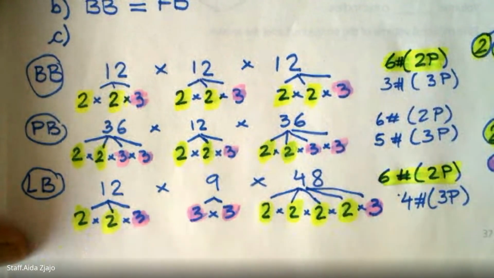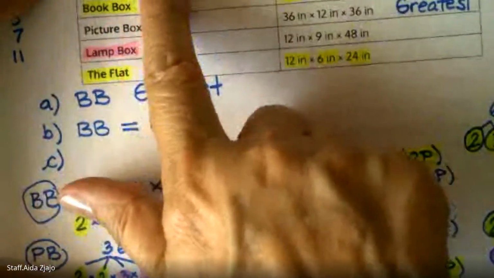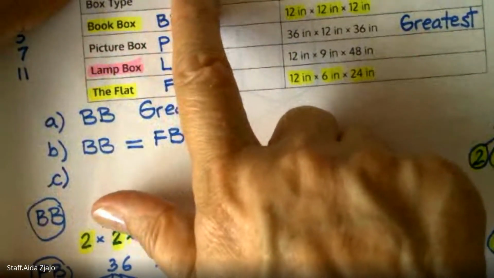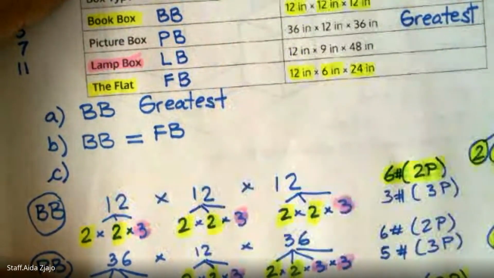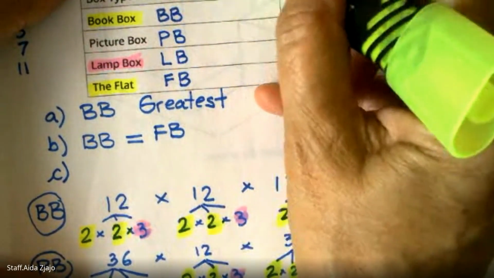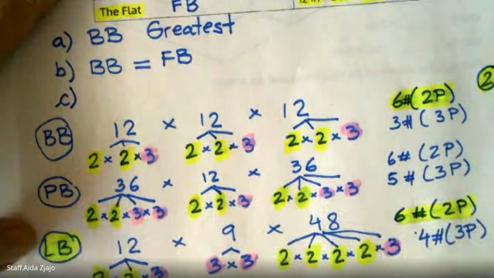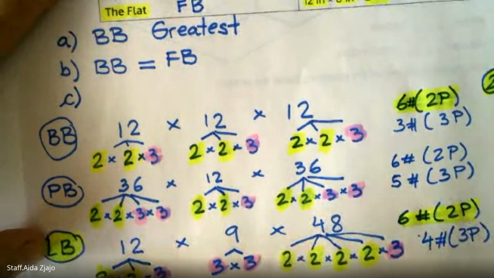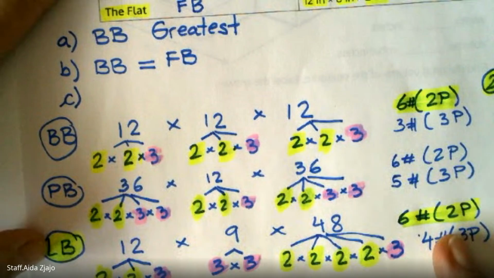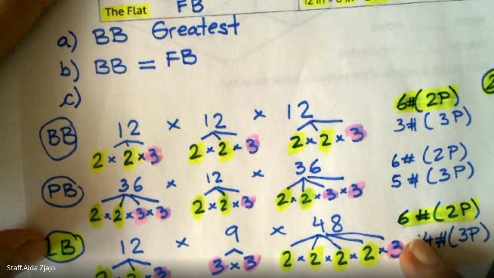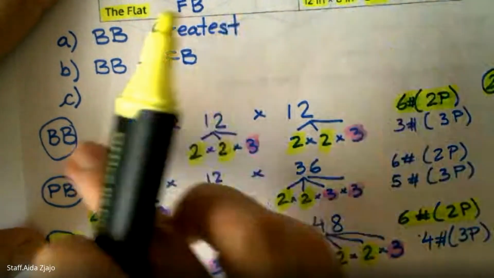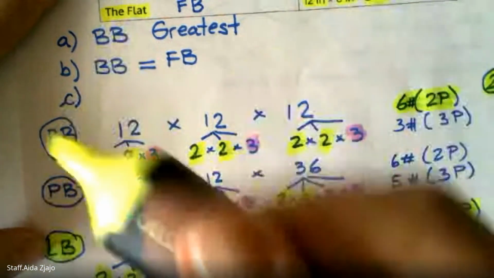Our question says, which box is 1/3 the volume of the lamp box? And we just found that the lamp box is this one here. So the one that has 1 extra prime 3 is the lamp box, compared to the BB.